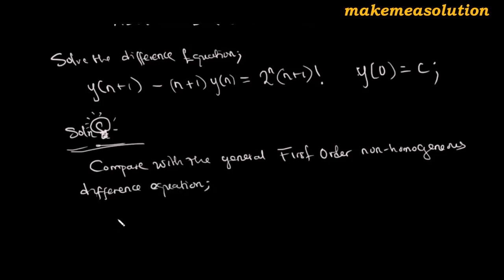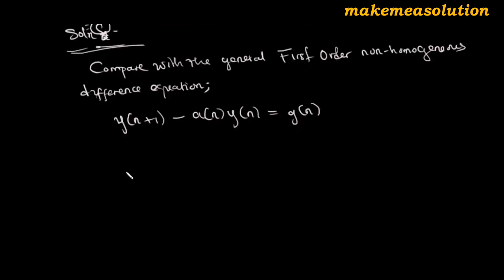That difference equation is given to us as y of n+1 minus a of n y of n equal to g of n. Now, this difference equation has a solution that is given by this.